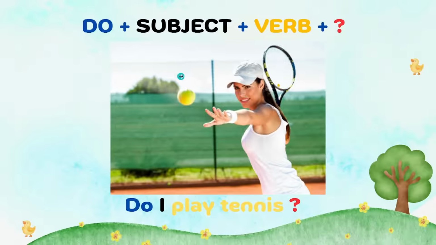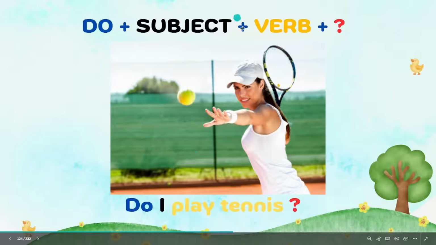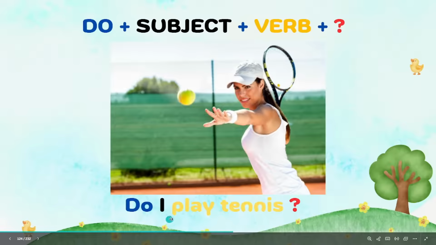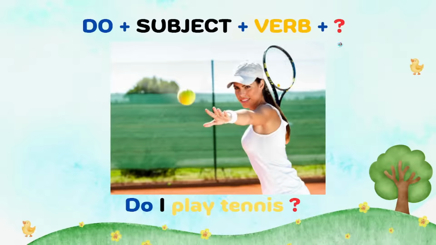It will go like this. It's do, which is representing the helping verb, and then the subject pronoun, which is I, and then the verb, the action, is play, tennis. And then, don't forget to add the punctuation mark, which is the question mark.